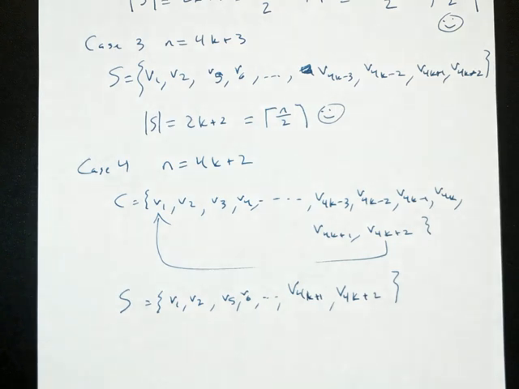I'll take first 2, skip 2, second 5, 6, skip 2. I get these 2, skip 2, and then I take both of these. Took this one. I have to take that one because I skipped this one. Okay, that makes sense. I need both of these.